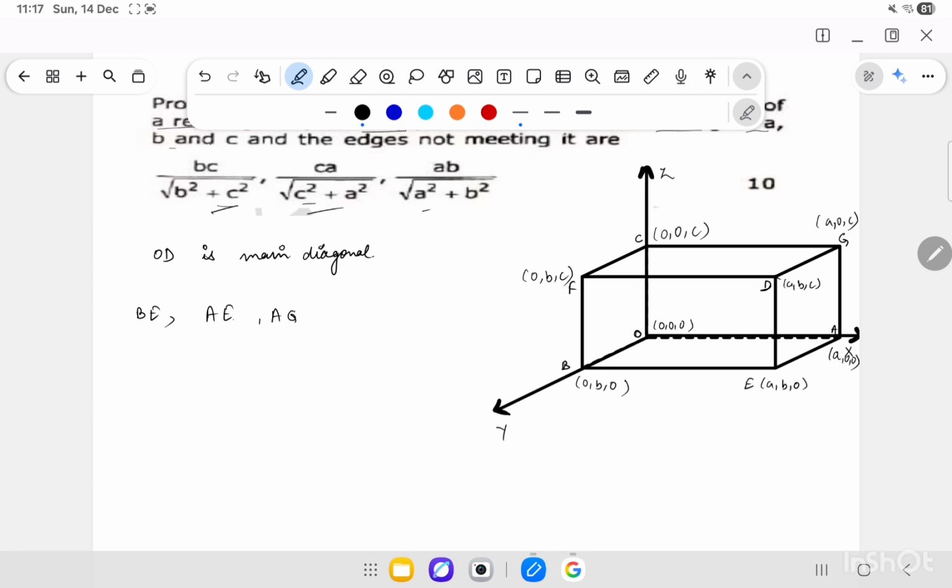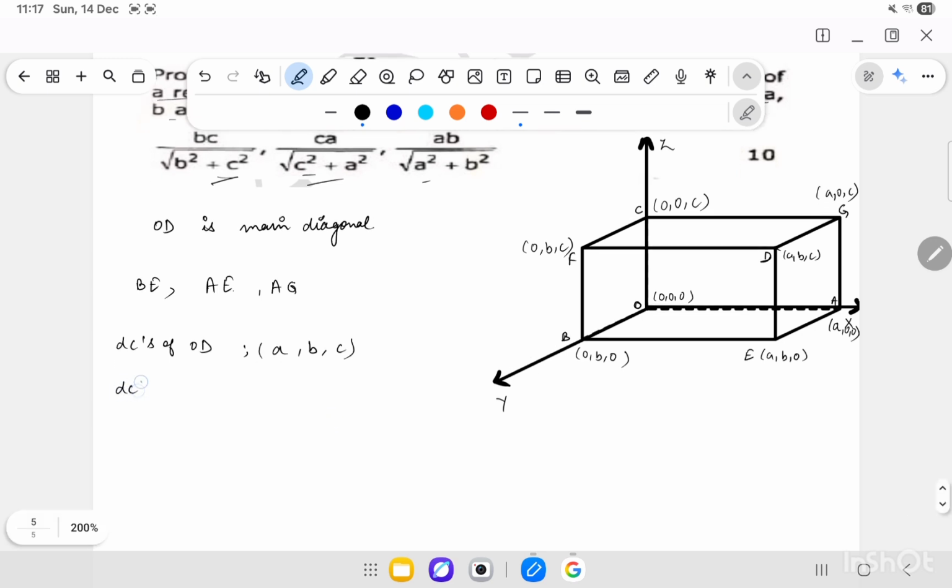Now if we calculate direction ratios of OD, it will be basically a, b and c, or you can write it as a i cap, b j cap and c k cap. Likewise, direction ratios of, let's say, AE would be 0, b, 0.